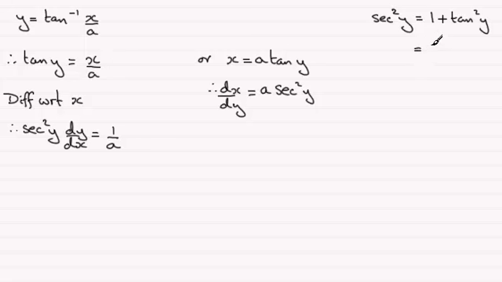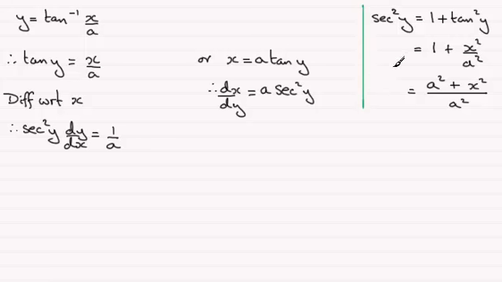So this is going to be the same as 1 plus x squared over a squared. I can now express this all over one common denominator, a squared, and we've got a squared plus x squared in the numerator. This is a result that we're going to be using, so I'll just border this off.